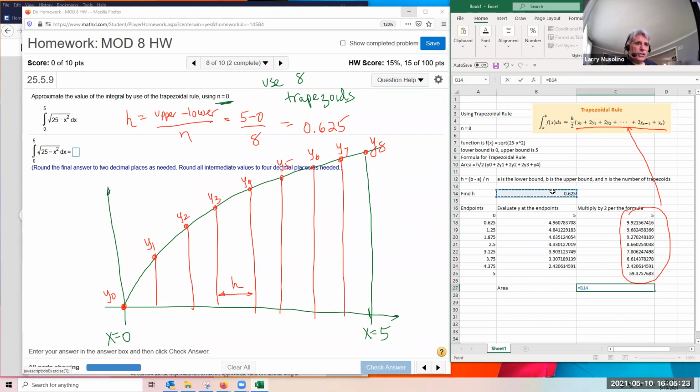So I'm going to take h divided by 2 times that parenthesis, which is that number. Here is my estimate for the area under the curve. So this is my final answer for the area under the curve. And they want me to round this to 2 decimal places. So my final answer would be 18.55.